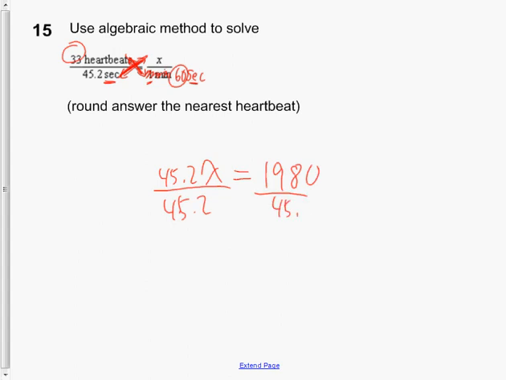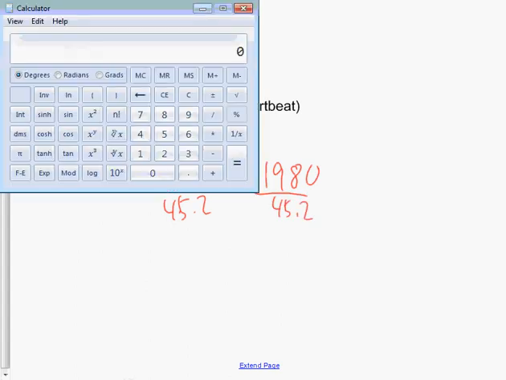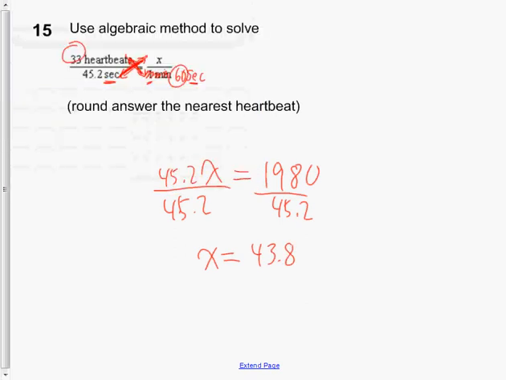And if you take your calculator again, 1980 divided by 45.2 is roughly 43.8. So x is going to equal roughly 43.8 heartbeats, but it says rounded to the nearest heartbeat. So therefore, x is going to be 44, and you'll have roughly 44 heartbeats per minute if you had 33 in 45.2 seconds.